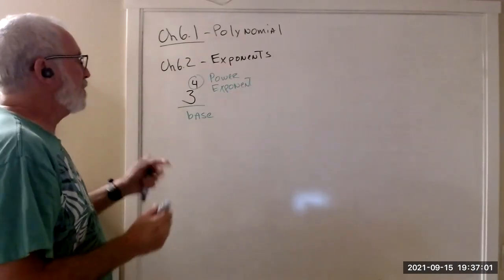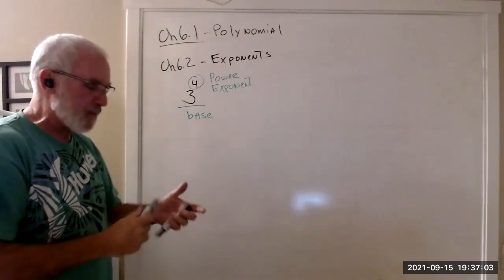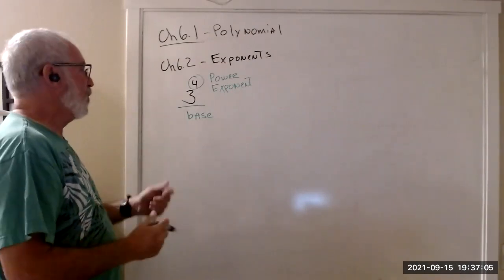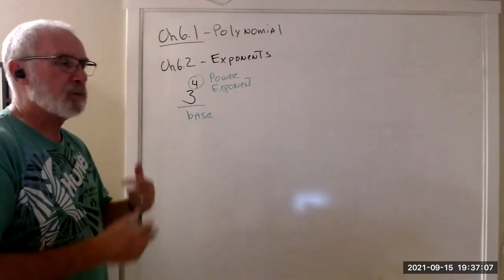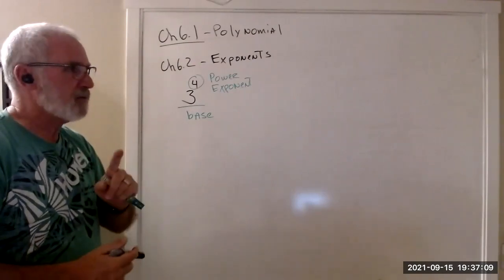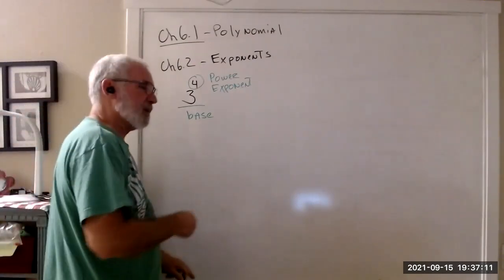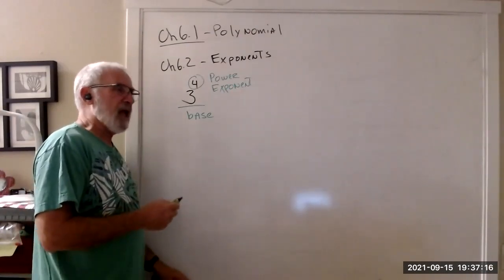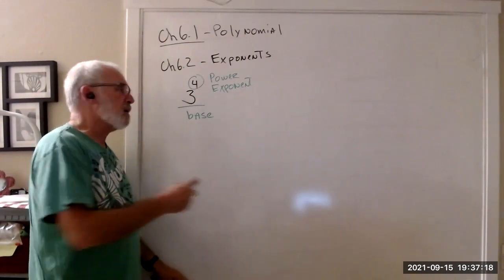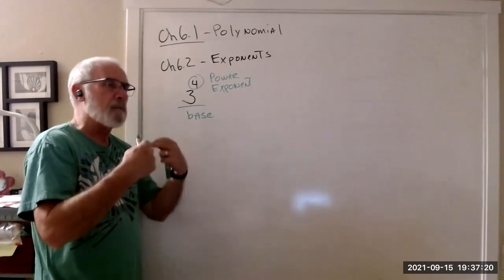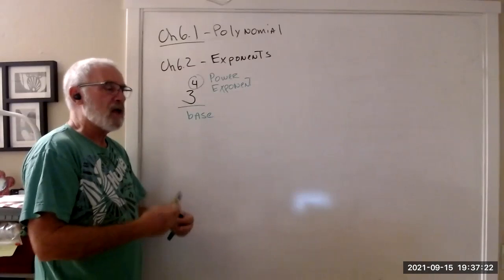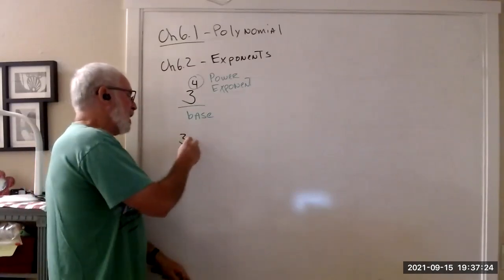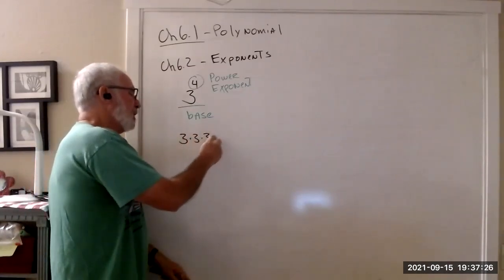An exponent is mathematical shorthand for repeated multiplication. Now, that's kind of important, okay? Because I'm going to give you a whole bunch of rules in a few seconds, and those rules only apply if things are multiplying together, because exponents imply multiplication.